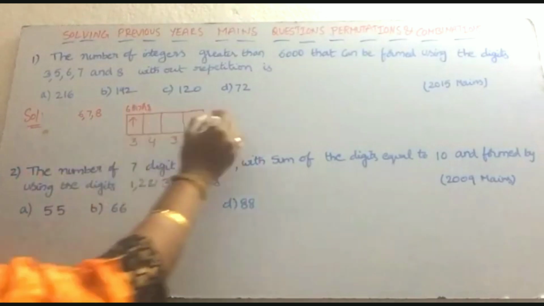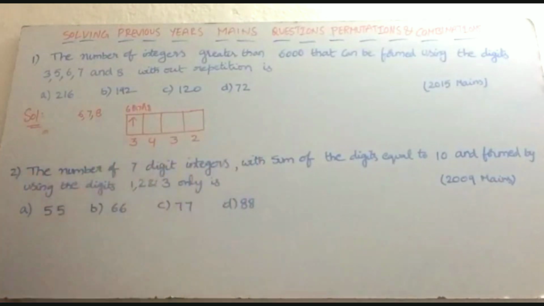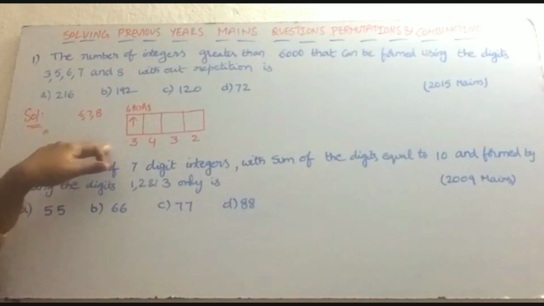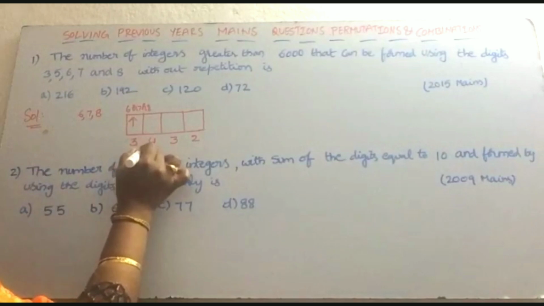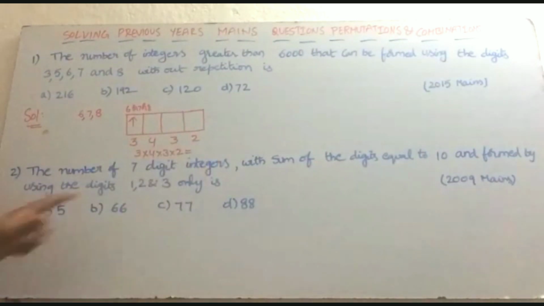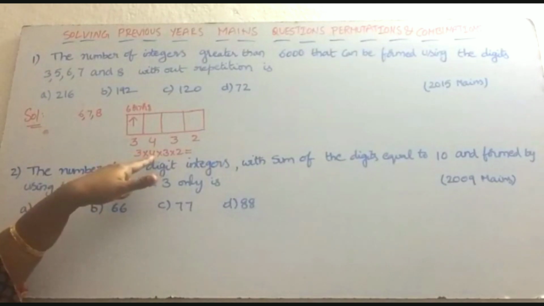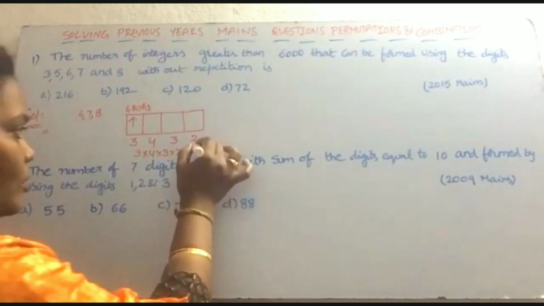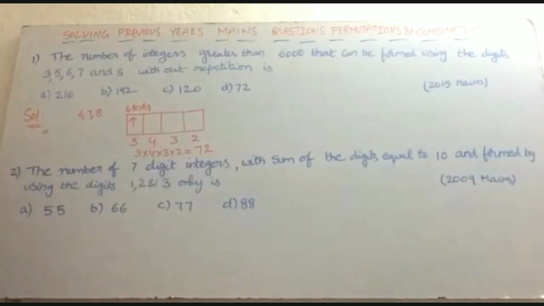So for the 4-digit number greater than 6000, we have 3 into 4 into 3 into 2. 3 fours are 12, 12 sixes are 72, so 72 ways.